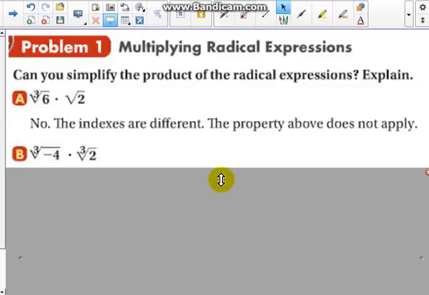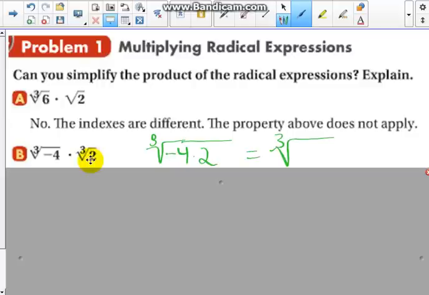B, so we have cubed root of negative 4 times the cubed root of 2. Our indexes are the same, so we can do the multiplication property on the radicands. So this would become radical 3 and negative 4 times 2, which would become the cubed root of negative 8.